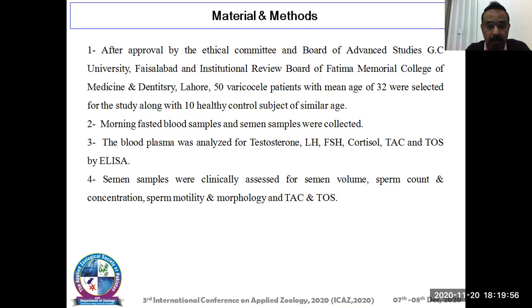Semen samples were clinically assessed for semen volume, sperm count and concentration, sperm motility and morphology, and TAC and TOS for the seminal plasma.